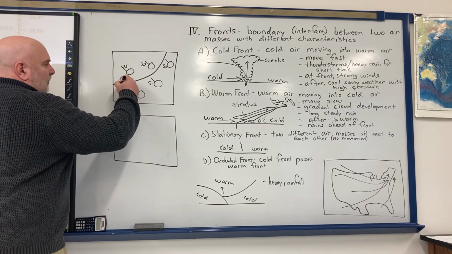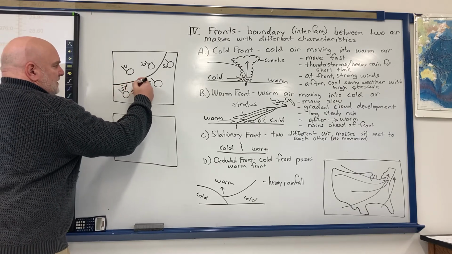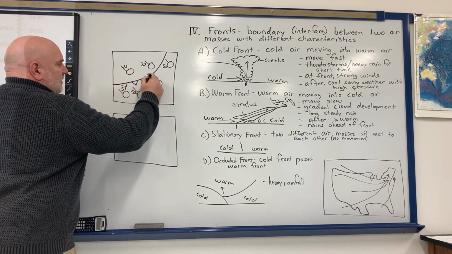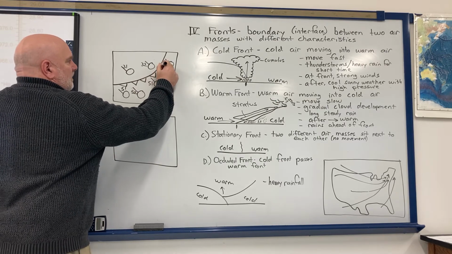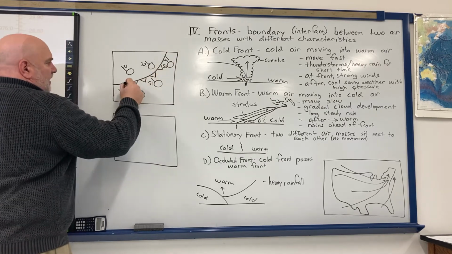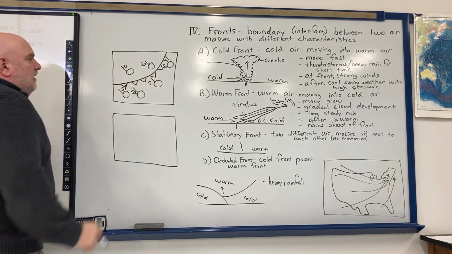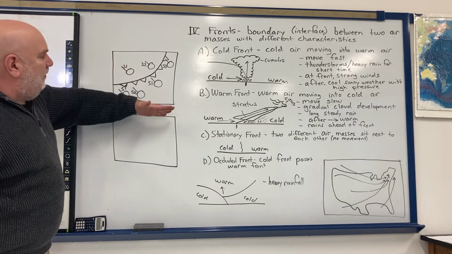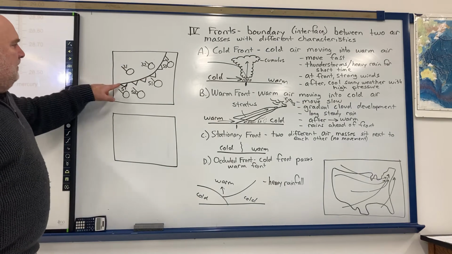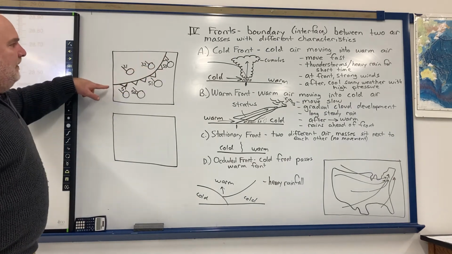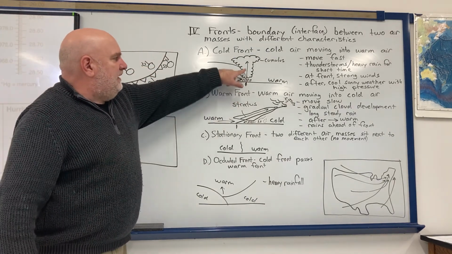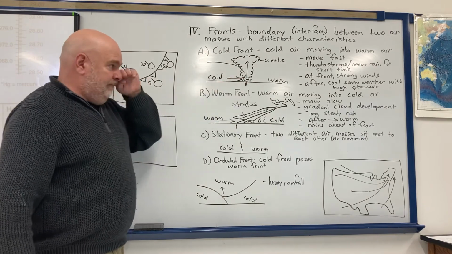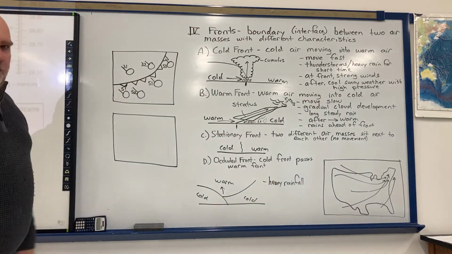So the side I would put them on is right there. All right. So there is a cold front, and the front's moving that way. So if I was located right there on the weather map, there's a good chance I'd be experiencing thunderstorms. All right, let's do another one.